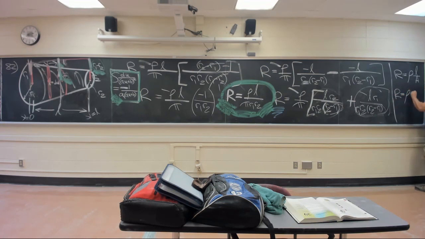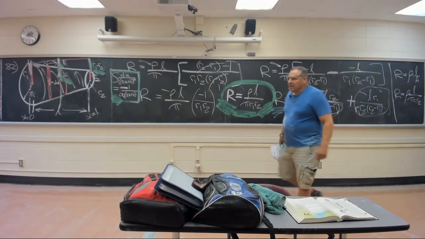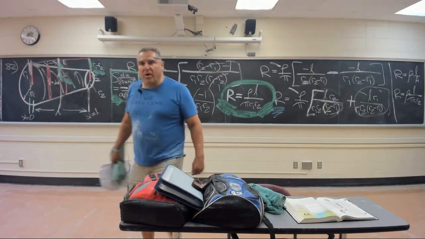R equals rho L over pi AB. If it was an ellipse with semi-major axis R1 and semi-minor axis R2, yeah, according to this, it works.